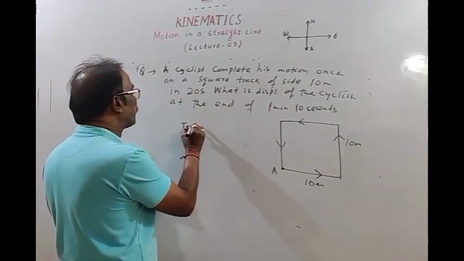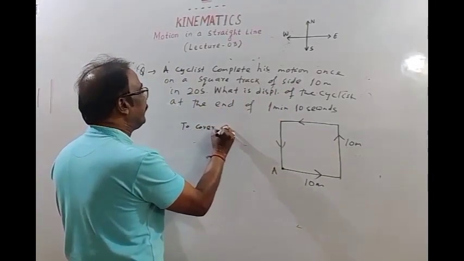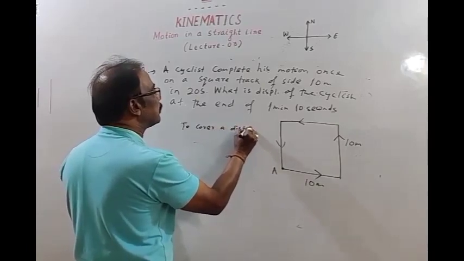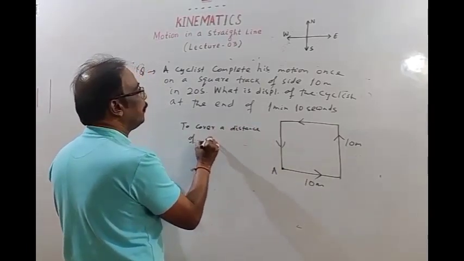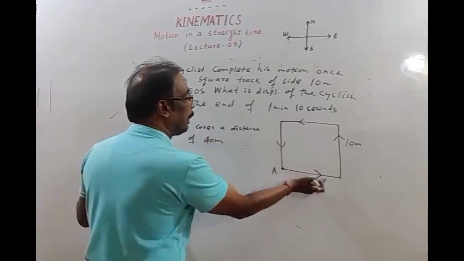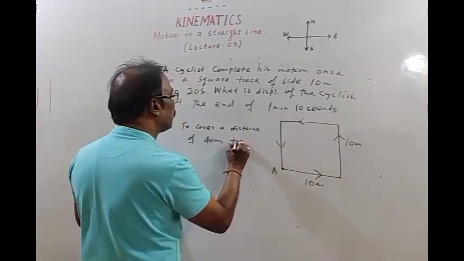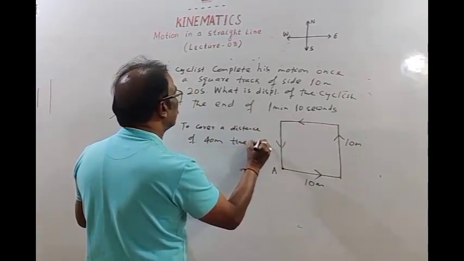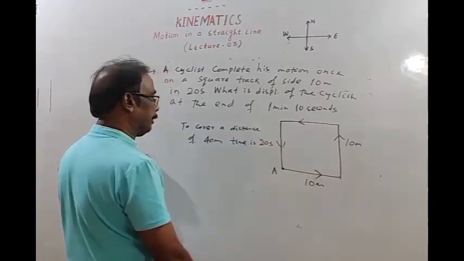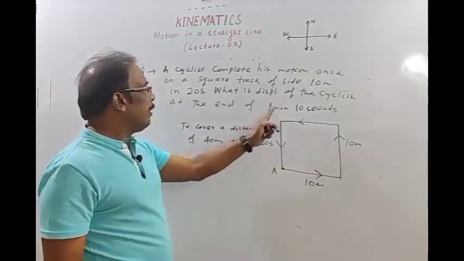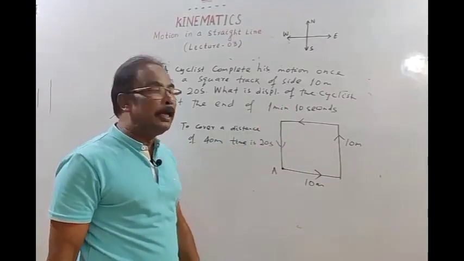Means to cover a distance of 40 meter. Total path length is 40 meter. Time is 20 seconds. But we have to find the displacement at the end of 1 minute 10 seconds.